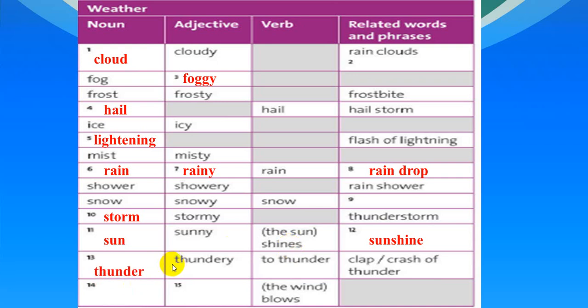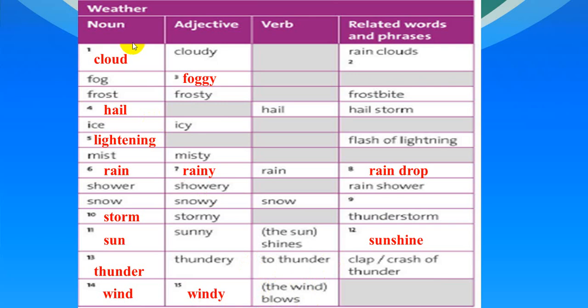Thunder, thundery. To thunder, it's going to thunder. Okay? Clap or a crash of thunder. Wind, windy. The wind blows.